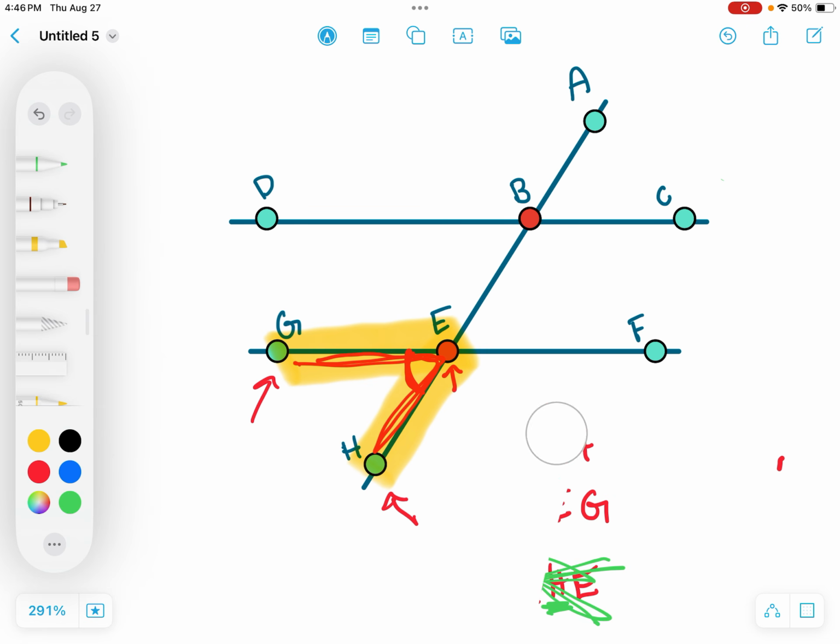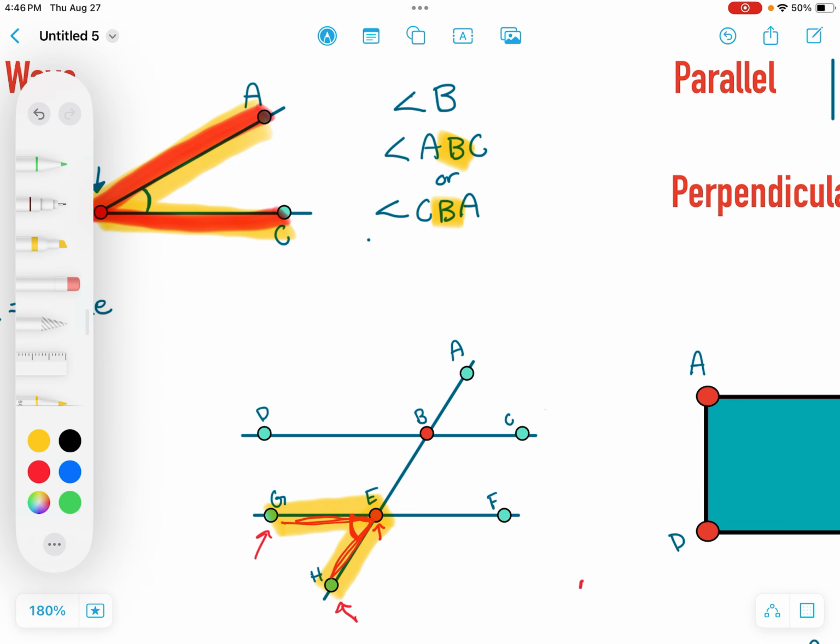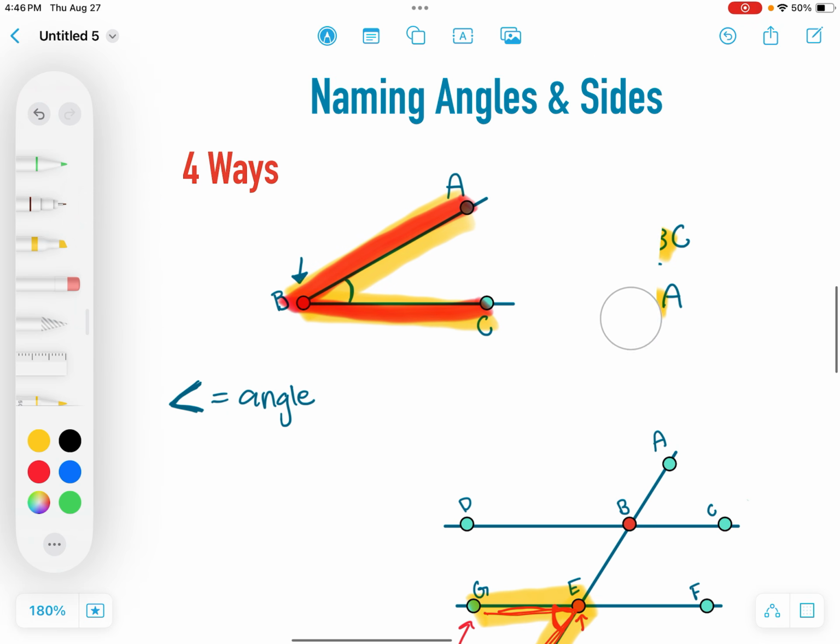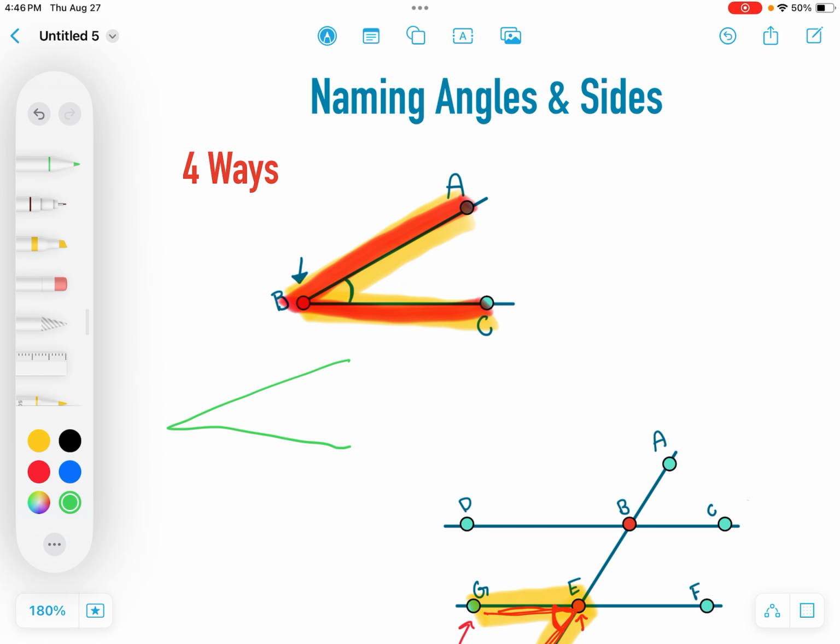Now let's go ahead and talk about how we would name a side of an angle. If we want to name a side of an angle, because I am just talking about this angle right here, let's say these are our points.